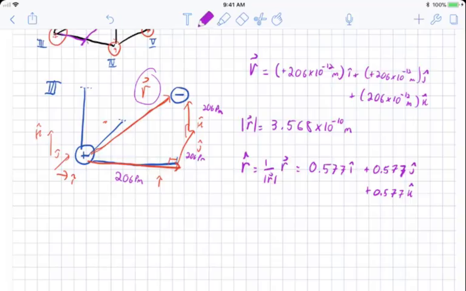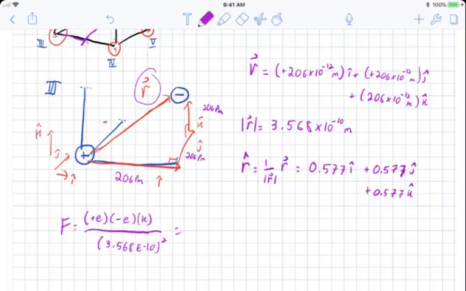Now that I know the length and the unit vector, I can figure out how strong the force is. Positive ions have 1 extra electron worth of charge. Negative ions have 1 extra electron worth of charge. There's K divided by this distance, 3.568 e minus 10, all squared.